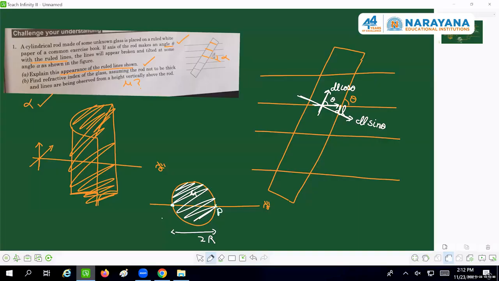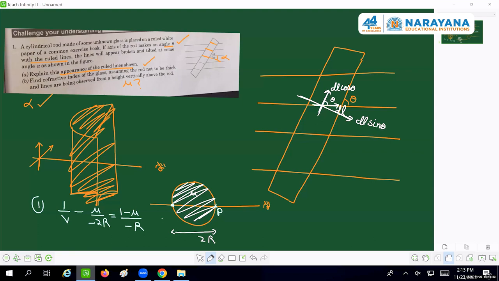For that single refraction, our simple equation for refraction for an object kept here, I'm not showing the length that I will use afterwards, I'm just deriving the result presuming a point object kept here. So mu2 over v minus mu1 over u, where u is minus 2r, is equal to mu2 minus mu1. So 1 over v minus mu over minus 2r, is equal to 1 minus mu over negative r.